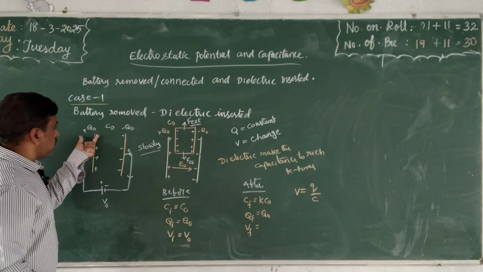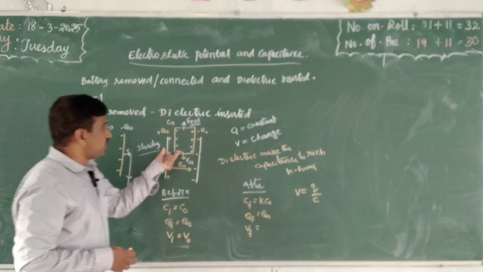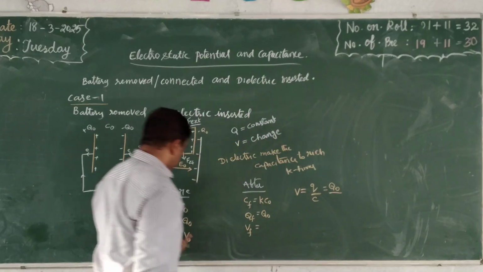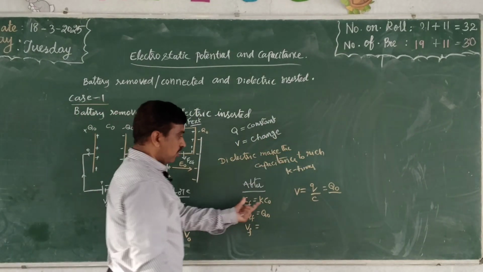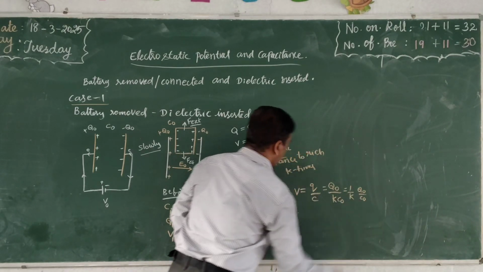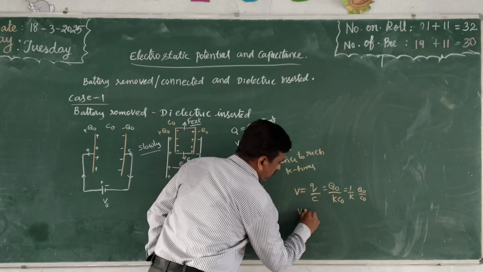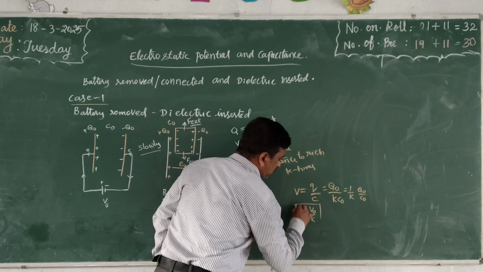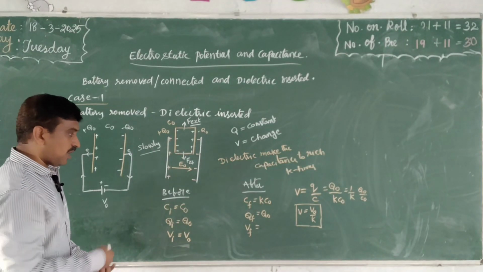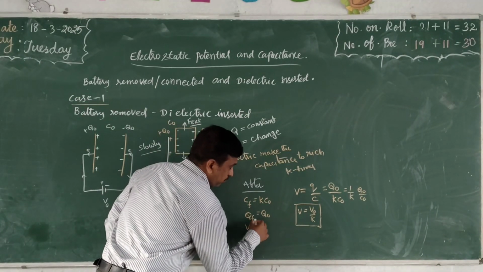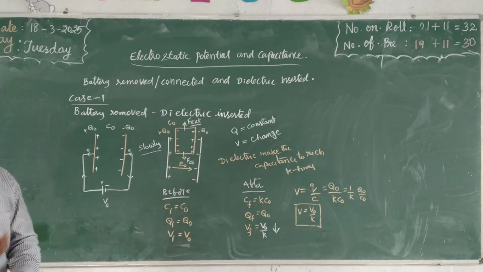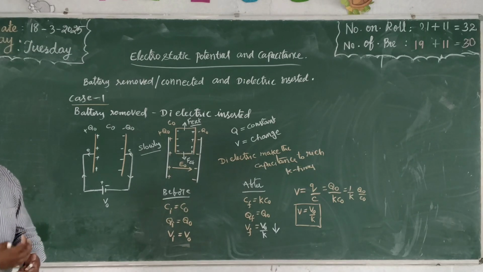The charge is Q naught, before and after removing the connection and inserting the dielectric. The initial capacitance is C naught, and after inserting the dielectric it is K C naught, so V equals V naught by K. The potential decreases K times when the dielectric is inserted and the battery removed, while the capacitance increases.